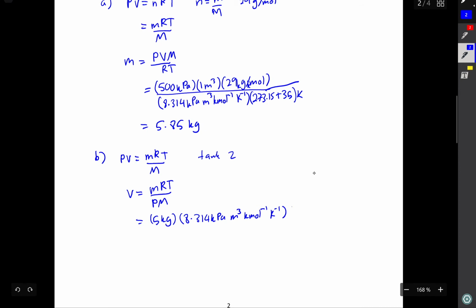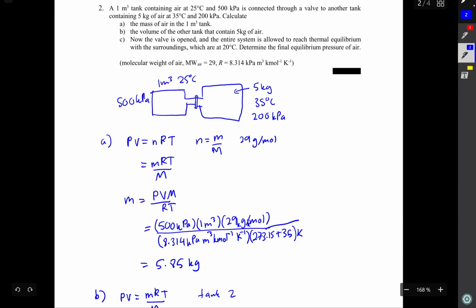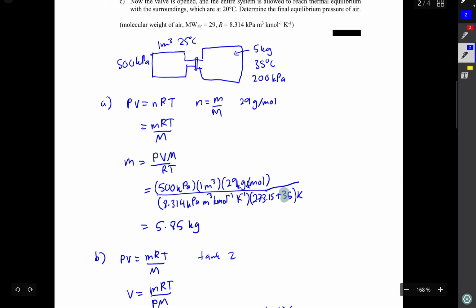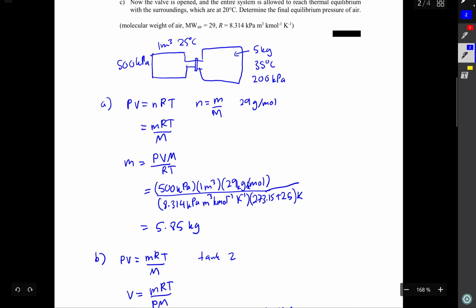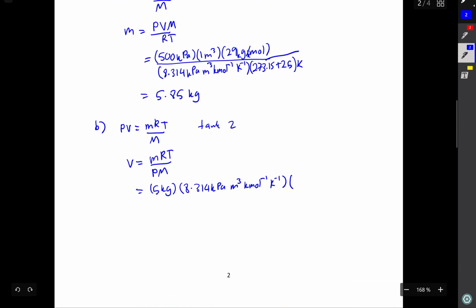We have the temperature on top here, and the temperature is again in Kelvin. I think this one shouldn't be 35, it should be 25, which is here. But you still get that value, don't worry. So here it should be 273.15 plus, this time, 35. All of these are in Kelvin.